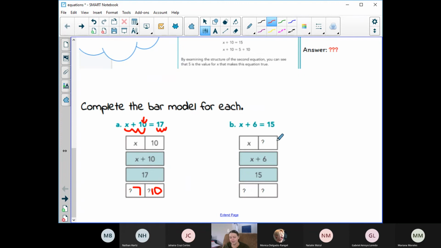Okay, let's look at one more example. X plus 6 equals 15. So if I look at the top of my bar model, I see x, and then I have this missing piece. So what from the equation would go in this box right here?